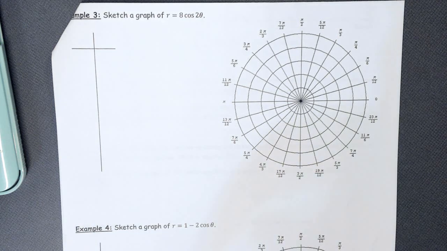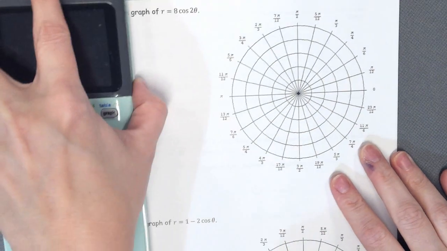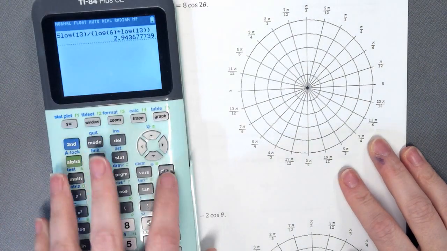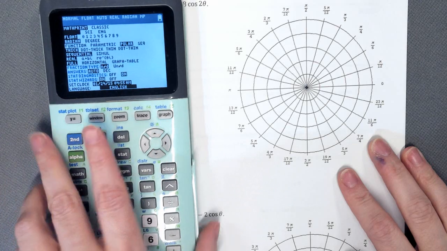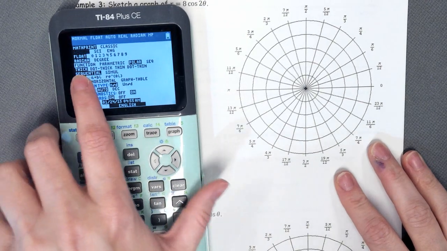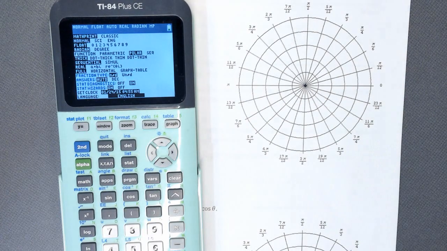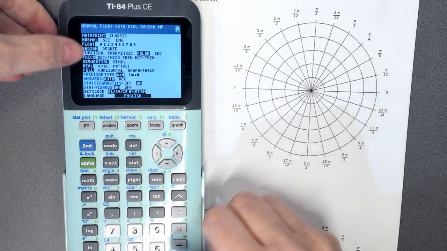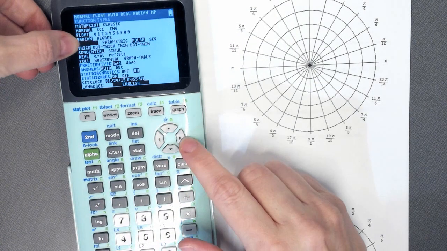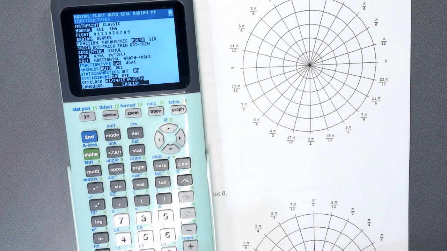All right, so when you are sketching the graph, make sure your calculator mode, especially if you use this for other classes, is in radian mode, and then you're going to go to polar. So you should have radians here, and then instead of function, we're going to go over to polar.